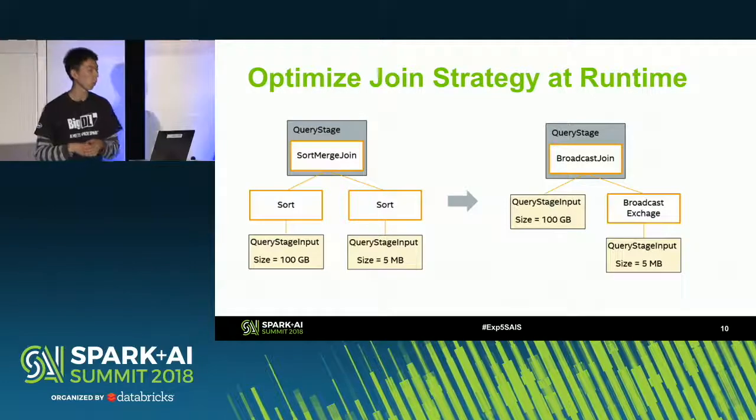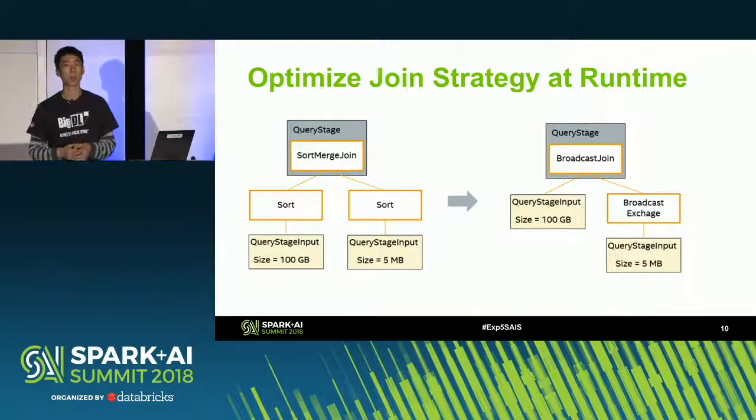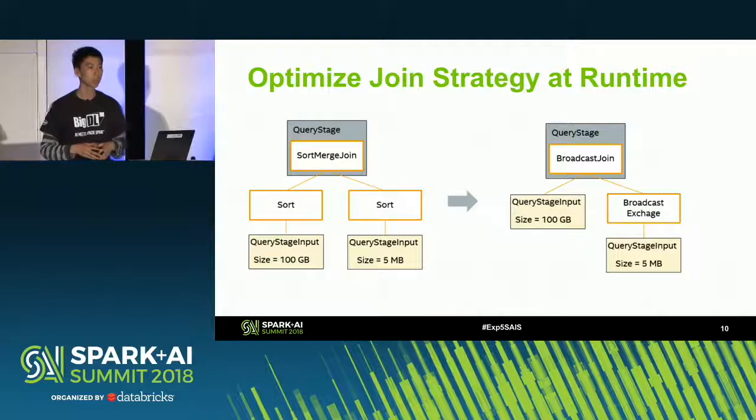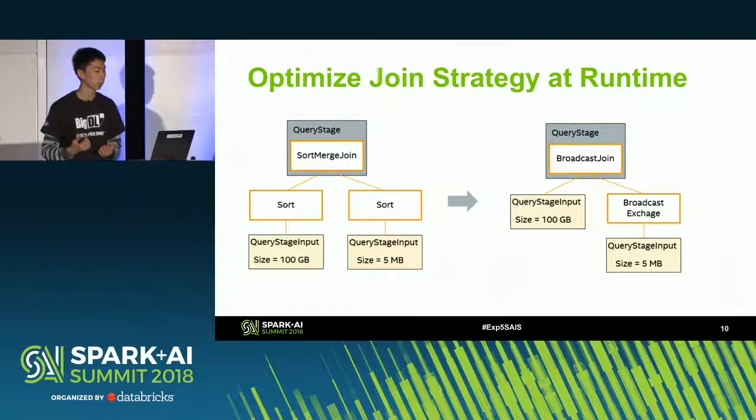In this case, one table is 100 gigabytes, and another one is 5 megabytes. So we notice that one table is small enough for broadcast. So we will optimize the plan to a broadcast hash join, and we will broadcast the small table.